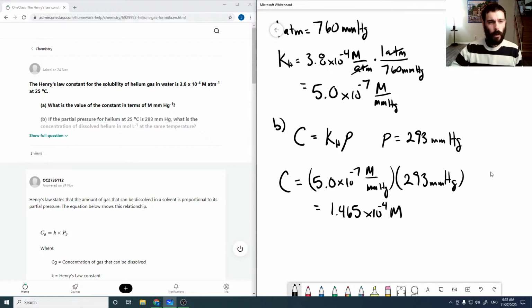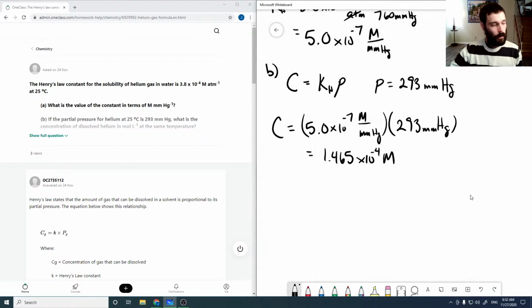Okay, and then part C asks what gas volume of helium is dissolved in 10 liters of water at this temperature and this partial pressure. So this is our molar amount, and recall that this is moles per liter.